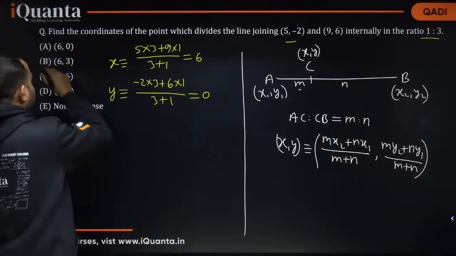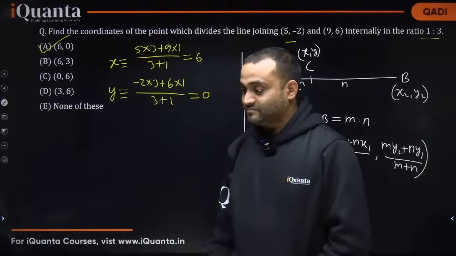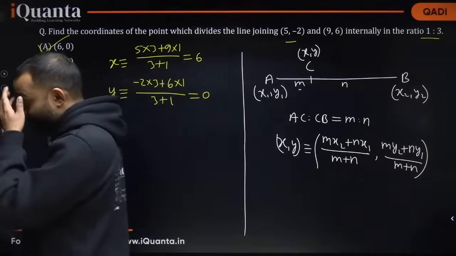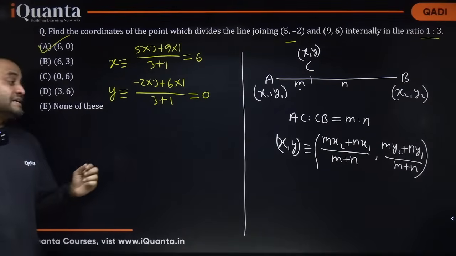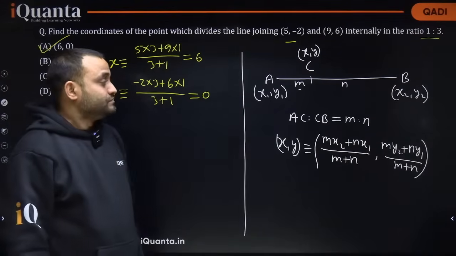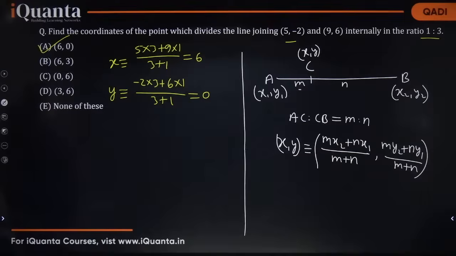So the coordinate that we are looking for is option A, 6, 0. This is the internal division concept. Okay everyone, clear? Let's go to the next one.